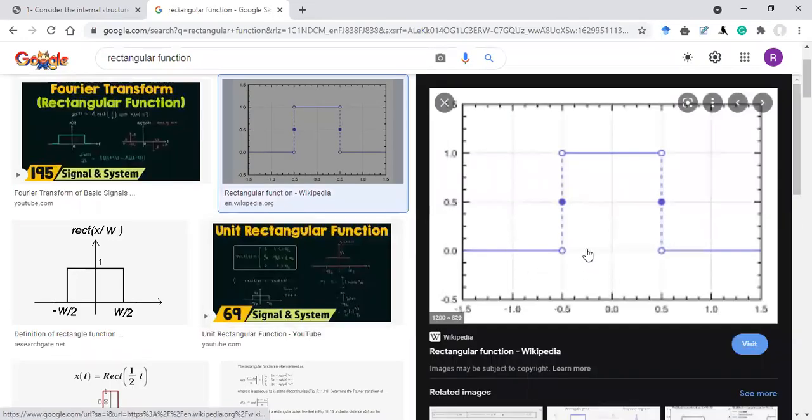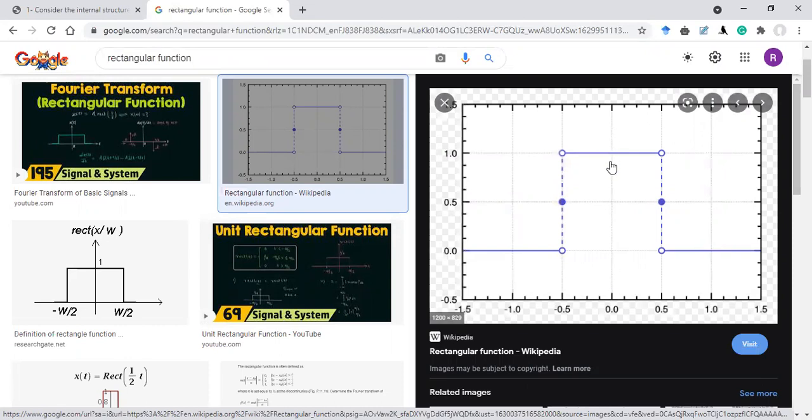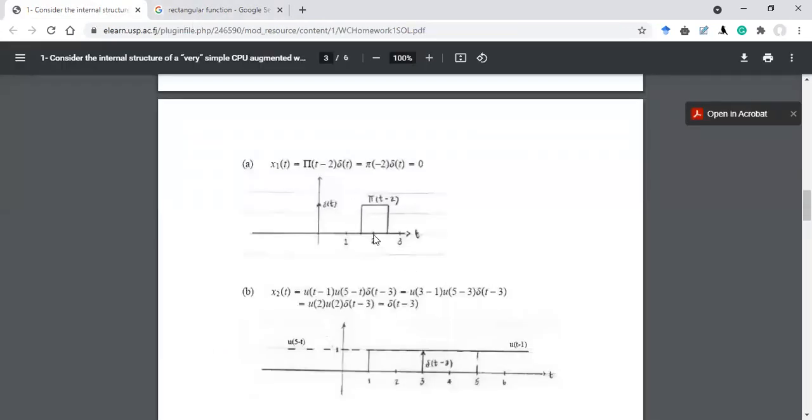The center of this particular rectangular function will be at x equal to 0, and it will extend 0.5 towards the negative side and 0.5 towards the positive side. So it will have a total width of 1 unit. That's how this particular function was made.